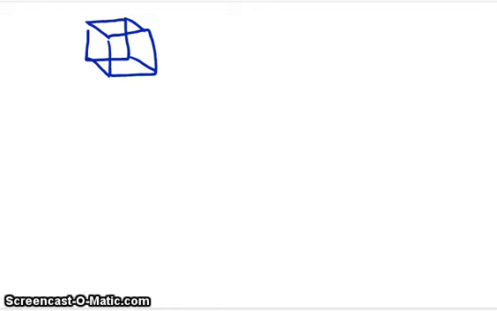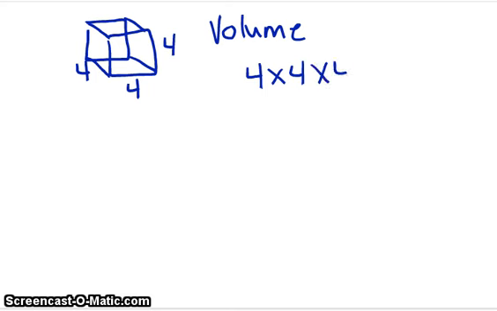I'm going to give you another example of exponents. I have a cube drawn here, and we know that the volume of a cube will be the length times the width times the height. Let's say that the length is 4, the width is 4, and the height is 4. So the volume will be 4 times 4 times 4.